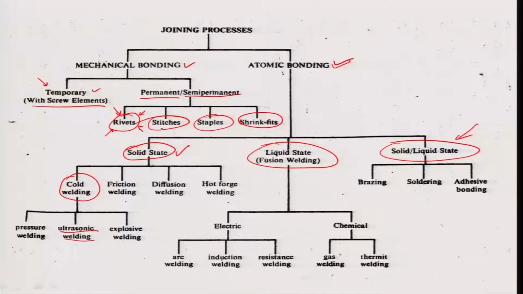There is automatically an increase in the interatomic forces, because the electrons of one set of atoms get attracted by the nucleus of the other set of atoms, but that close proximity between the surfaces needs to be achieved for this kind of bonding to take place. There can also be cases of ultrasonic welding, where you vibrate one of the components or members at an ultrasonic frequency.